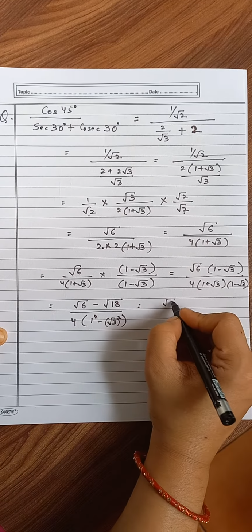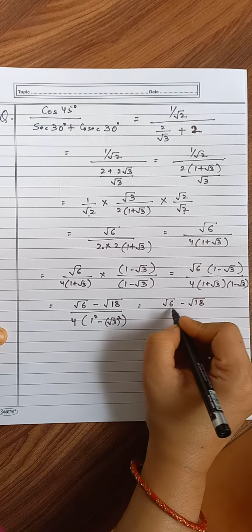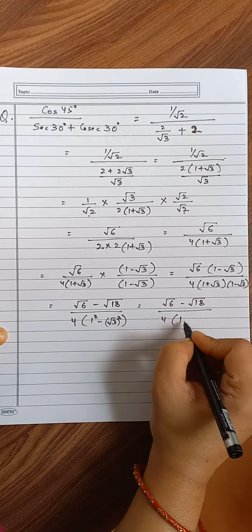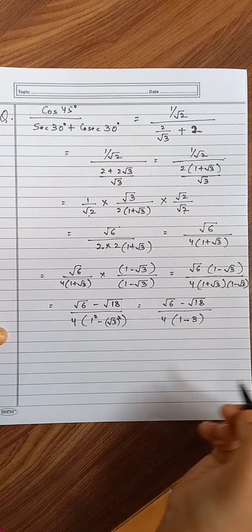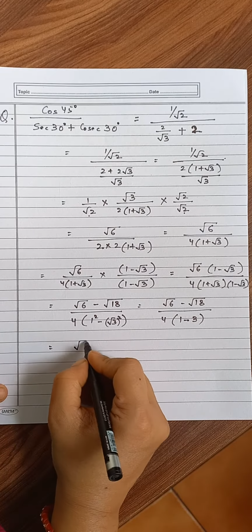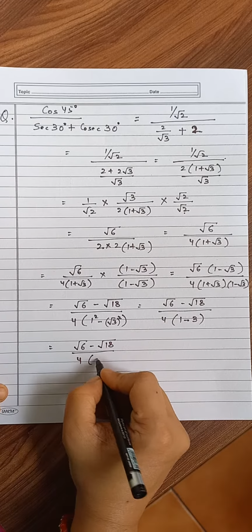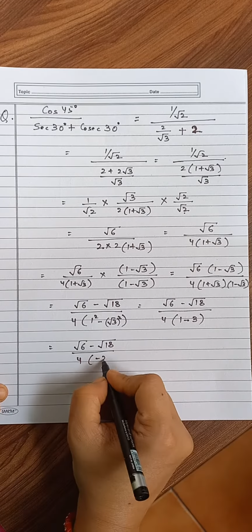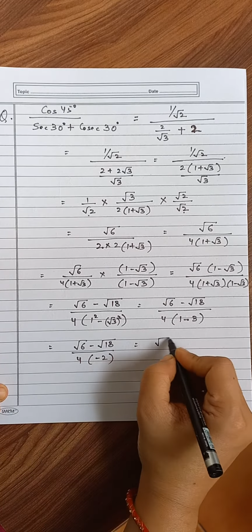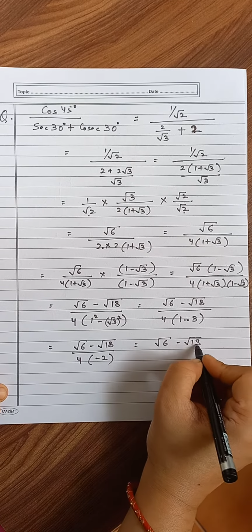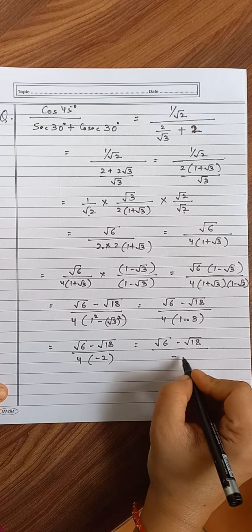So it will become root 6 minus root 18 upon 4, and this will become 1 minus 3, which will be minus 2. So in the denominator you get a rationalized number.